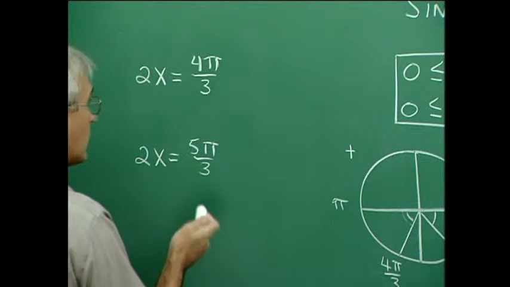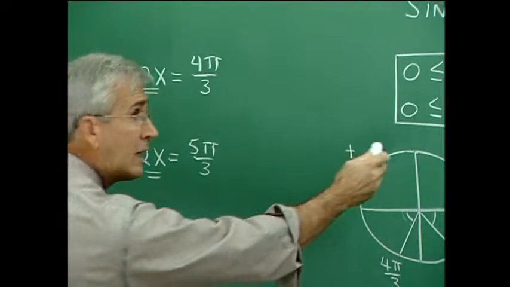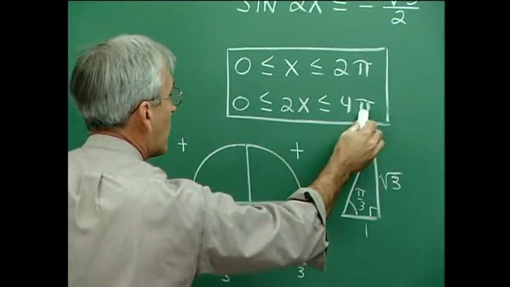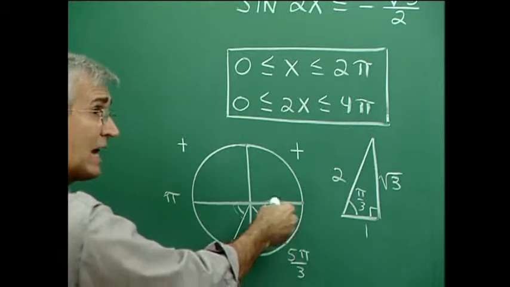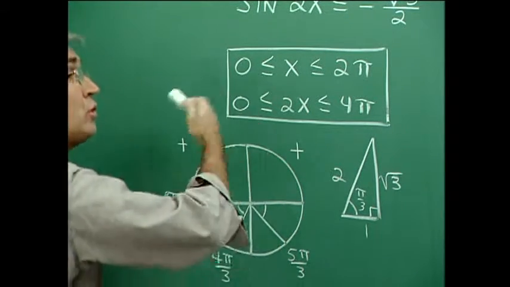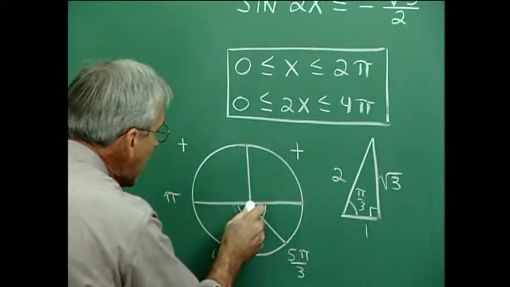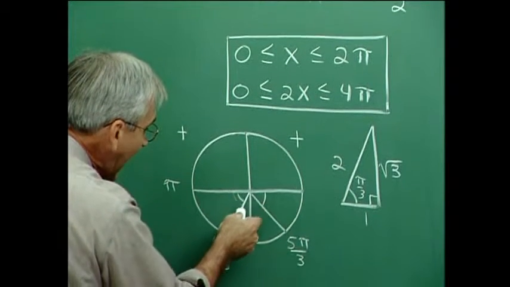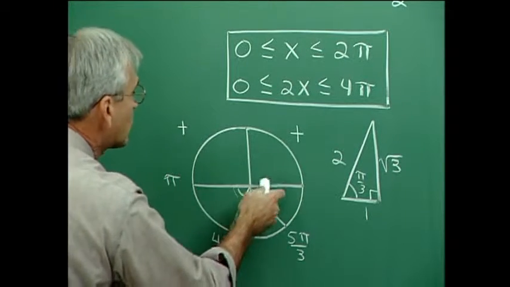But wait a second. 2x, you see, has a domain going from 0 to 4 pi. Uh-oh, it's not just one complete circuit for this angle of 2x. It's two complete circuits. So I have to be careful here, and I have to go one more circuit around for the angle coterminal with this one in the next go-around.